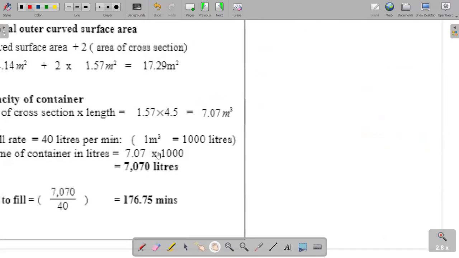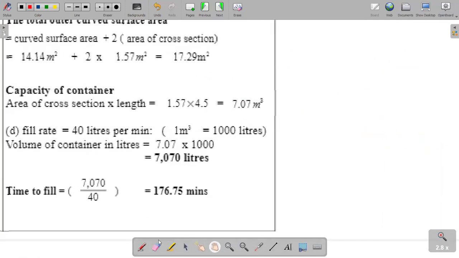So look here. Volume is equal to the cross section times length, which is the same thing as the cross section times the height. Volume is always the same thing: area of the cross section times the height or the length of the shape, right? Everybody okay so far?